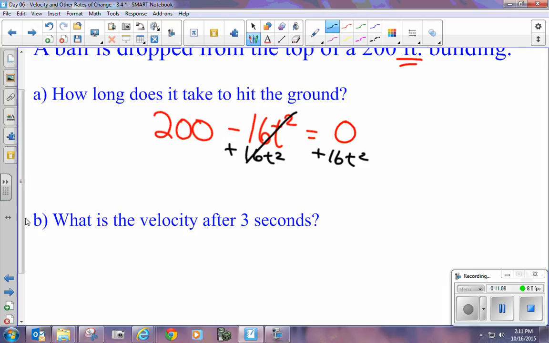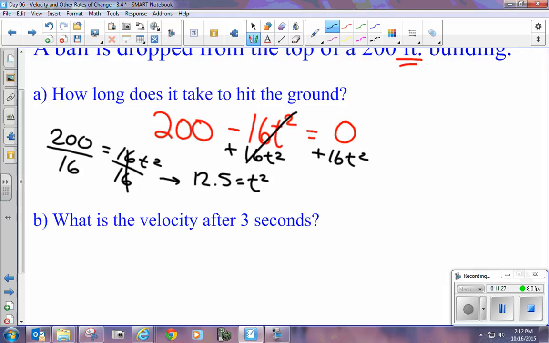And I've got 200 equals 16t squared. Now I'm going to divide by 16. What is 200 divided by 16? I now get 12.5 equals t squared. I want t, not t squared. I take the square root.